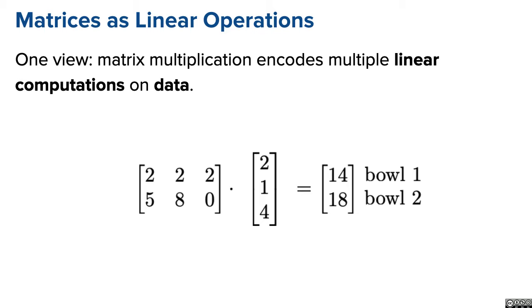So matrix multiplication encodes what we call linear operations on data. Linear operations, like the name, so if you imagine the y equals ax plus b linear equation, linear operations are essentially that, but on everything in your data set.